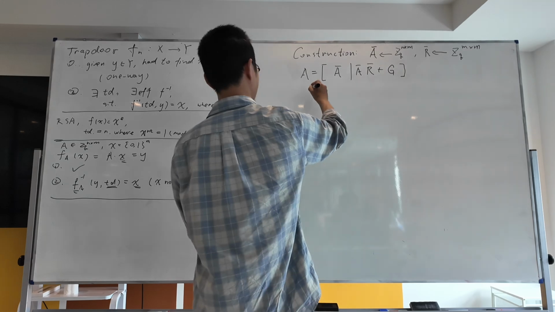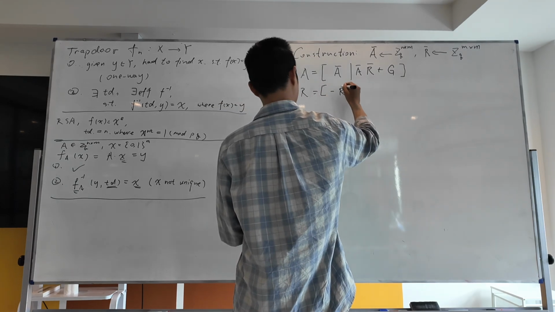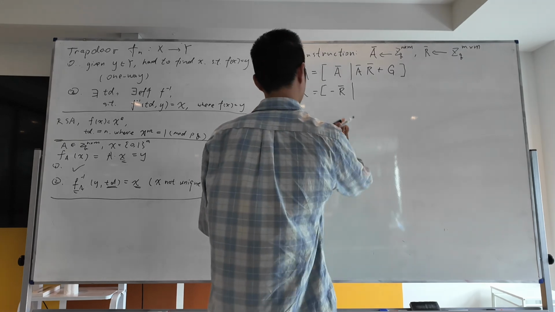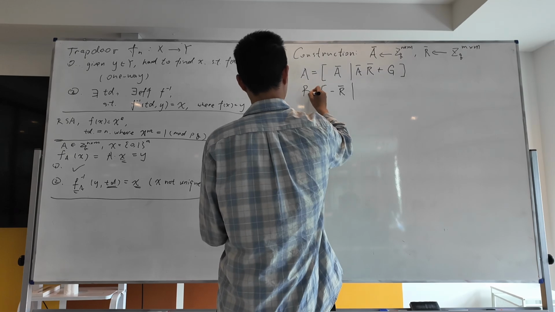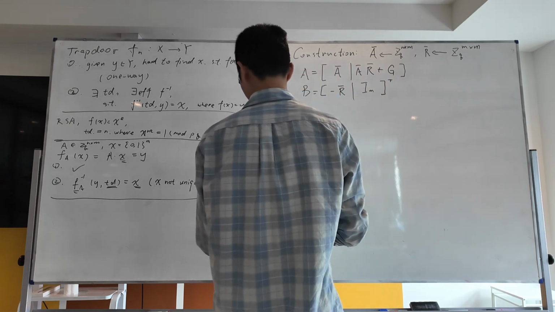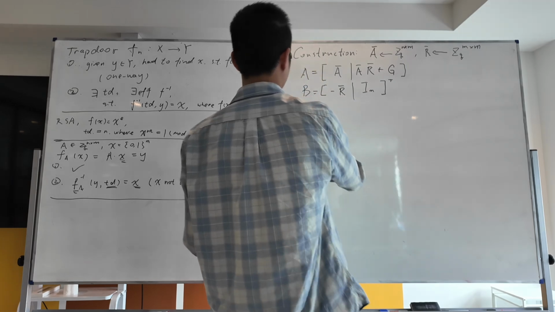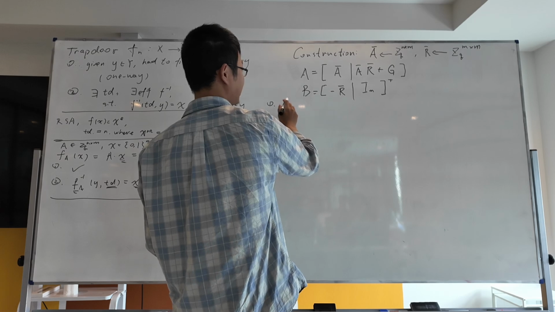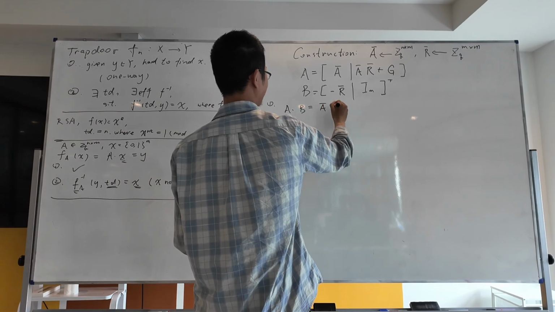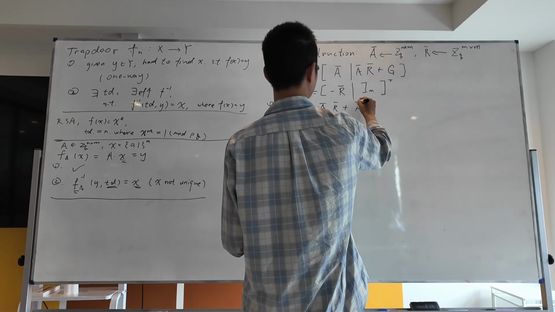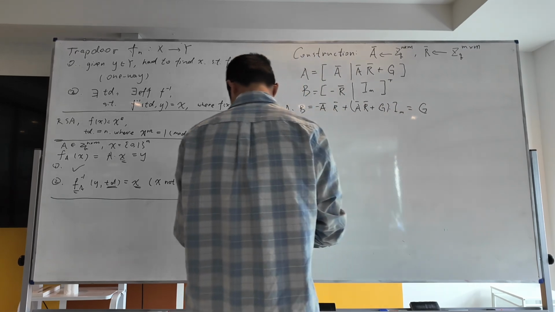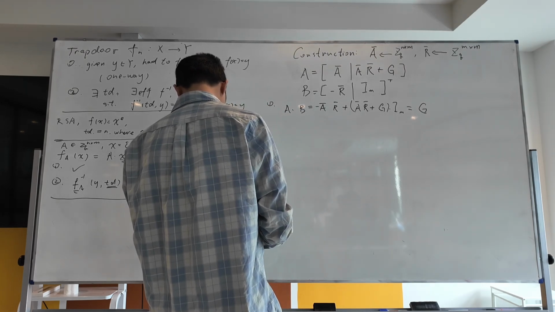I'll explain what G is later. So the first observation is A times R equals something, right?